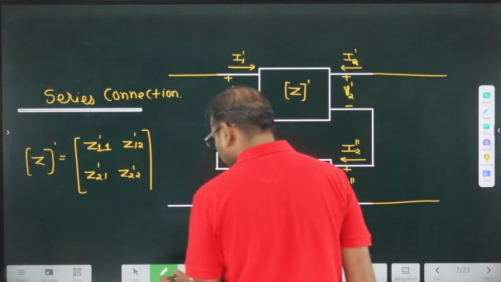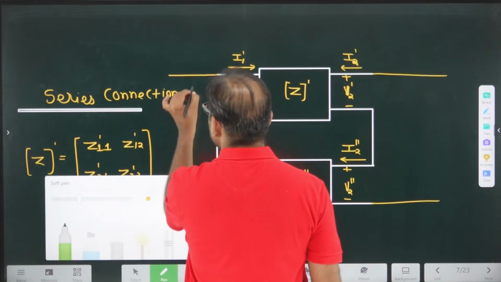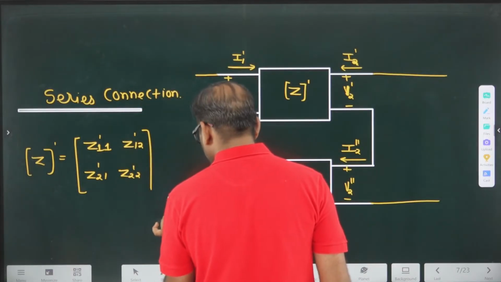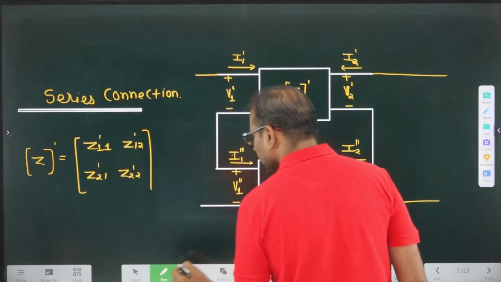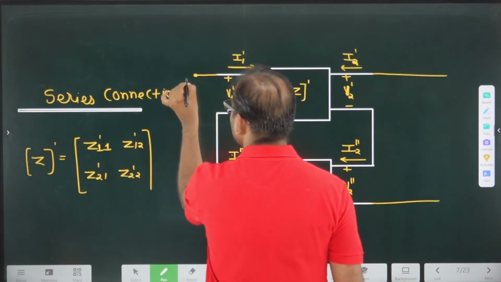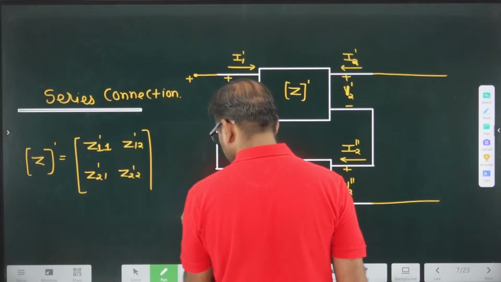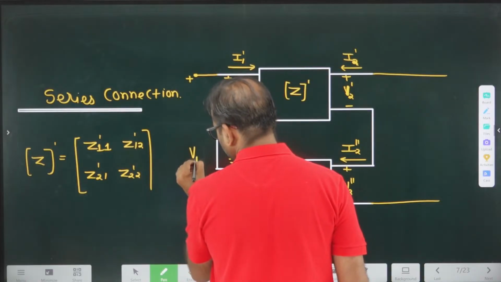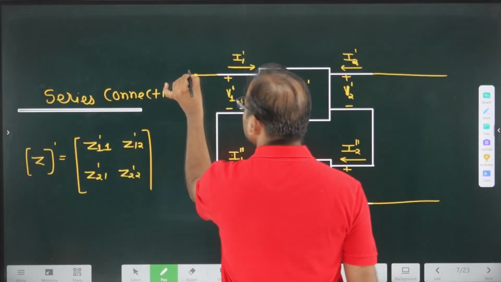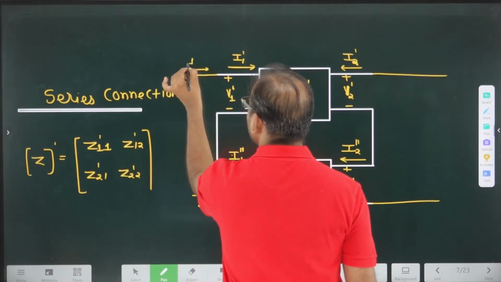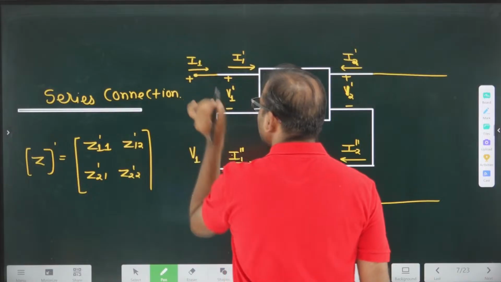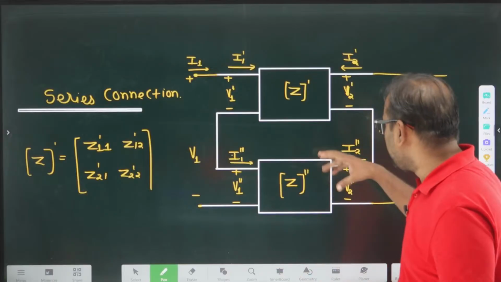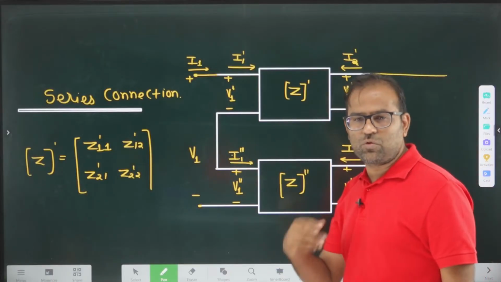What else do we want to comment? We want to comment on this. Can I say, I am calling this voltage as V1 and I am calling this current as I1. Just we are talking about what is the equivalent of this two port cascaded or series connection of the two port network.